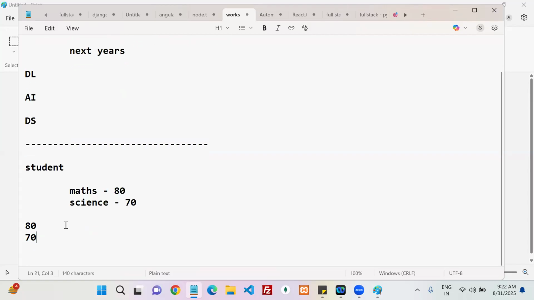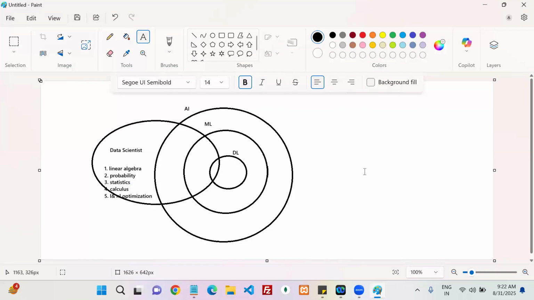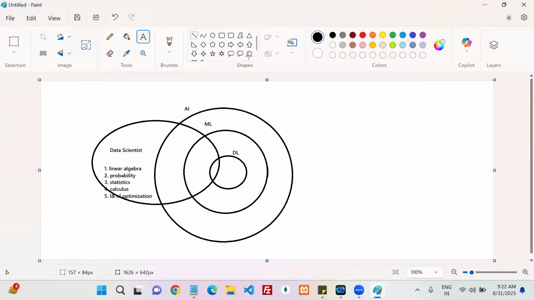Now see, this particular data representation, how does it look as a vector? One column and two rows, something like this: 80 and 70, you can put it. How does the vector look? This is the one. Just one square bracket you can put, something like this.